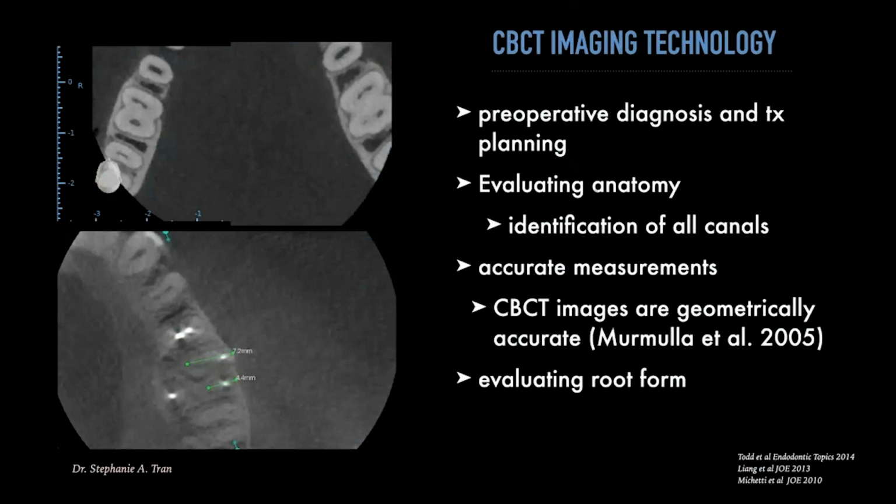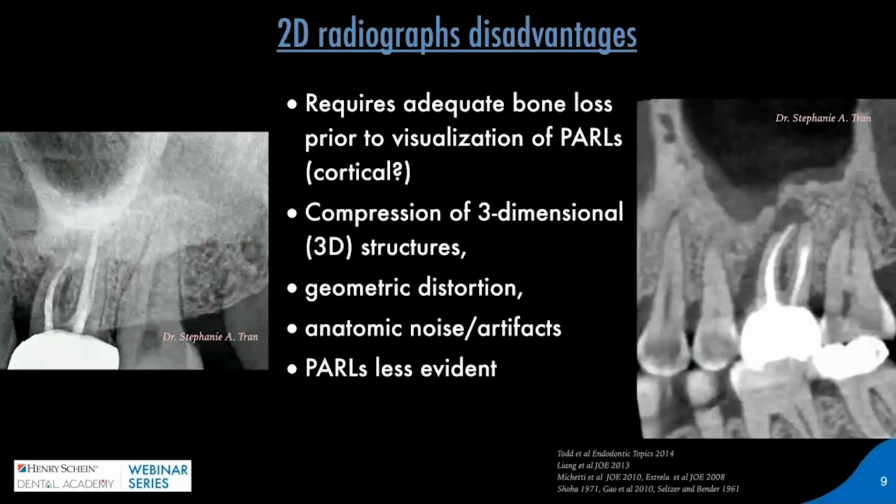The same goes for endodontics, where we can make very accurate measurements when planning surgeries, mapping out all the canals, as well as looking at the specific widths of the canal system and the root forms. We know that CBCTs are extremely accurate for measurements. They're also really great for measuring the working lengths.